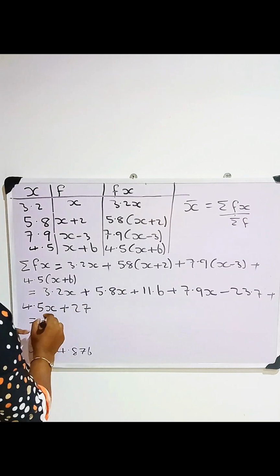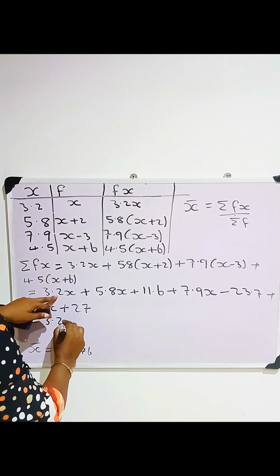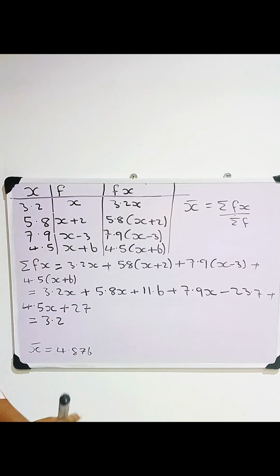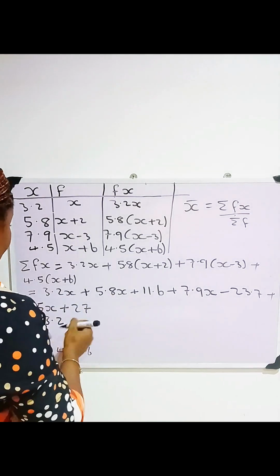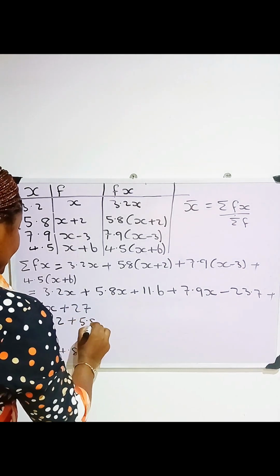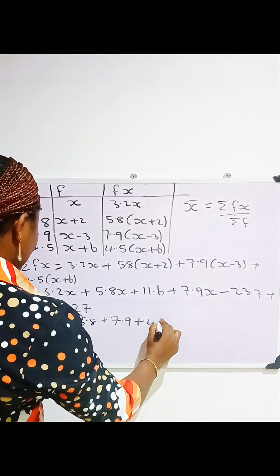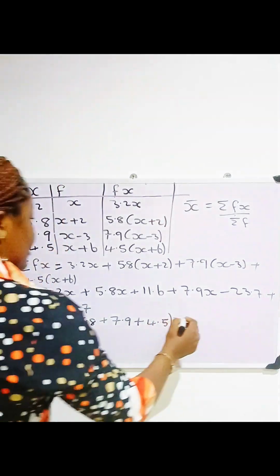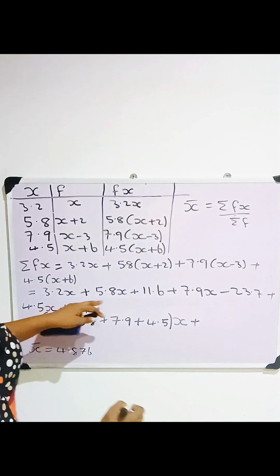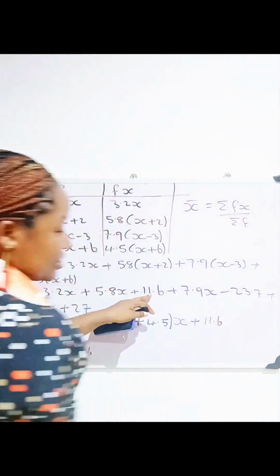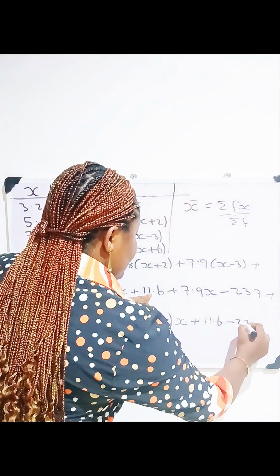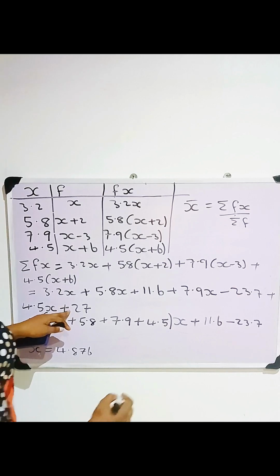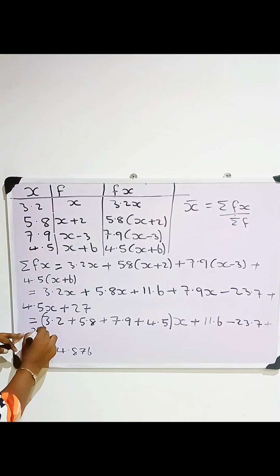Now let's take the like terms. We take our 3.2 plus 5.8 plus 4.5, and then we take out our x. Plus we have 11.6 minus 23.7 plus 27.